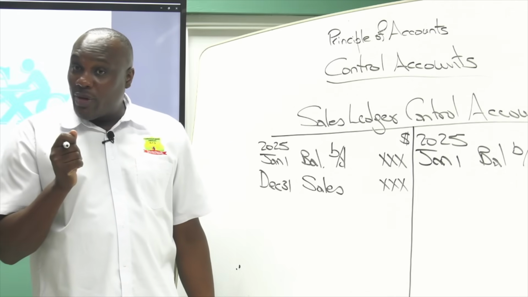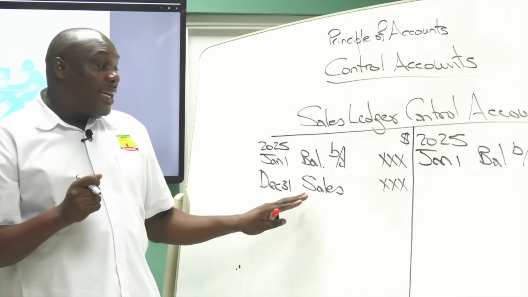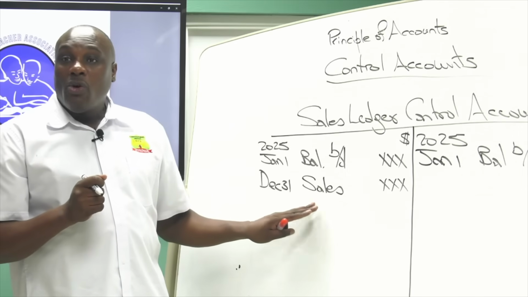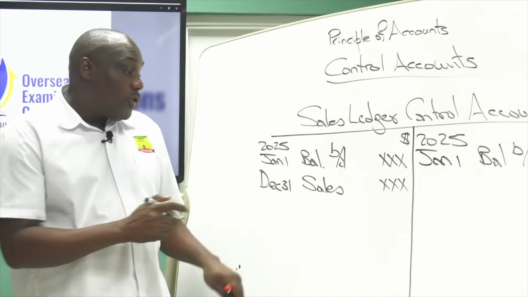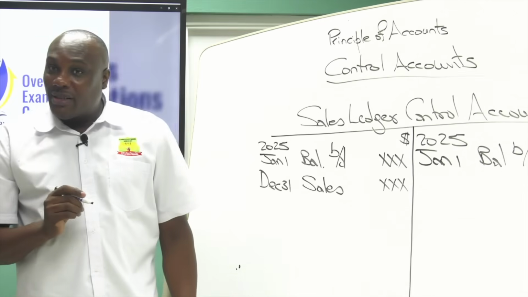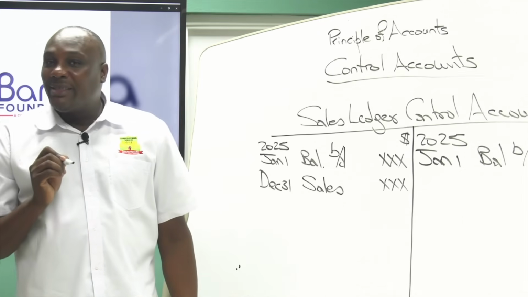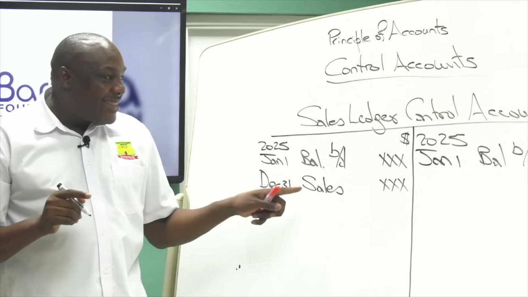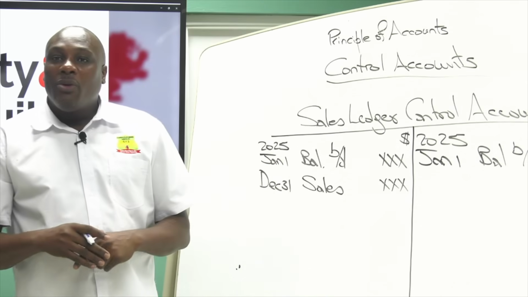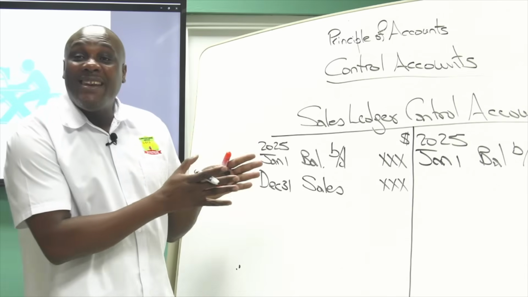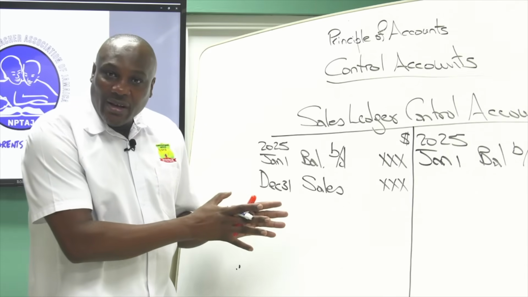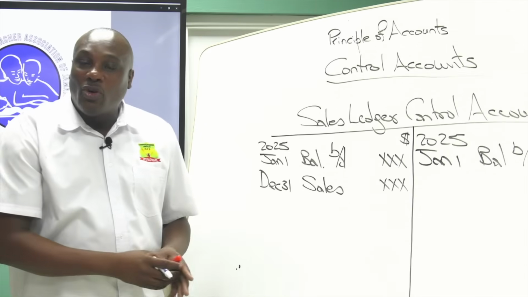Again, students, let me repeat. The sales that you see here, students, would have to be a credit sales. Although you don't see me put the credit sale, it's deliberate. I do not put the credit sales there. Why? Any sales that is in the sales ledger will have to be the credit sales. Cash sales can never, ever enter the sales ledger control account. Why?